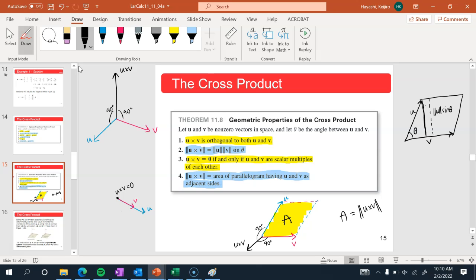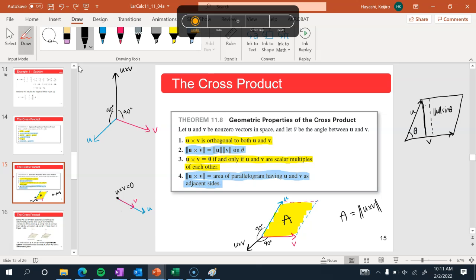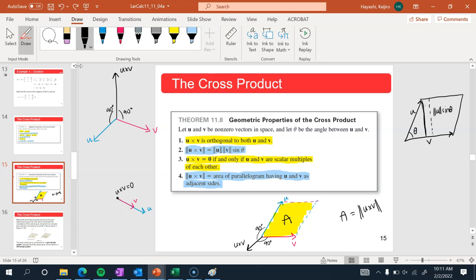This side will be the magnitude of u times the sine of theta, because sine is opposite over hypotenuse, u is the hypotenuse, so multiplying it by u will give the opposite side. So the magnitude of u times sine of theta is an expression for this opposite side, which gives the height of the parallelogram. And multiplying it further by the magnitude of v gives the area of the parallelogram. It's not really important to know where it comes from, but that's where it does.